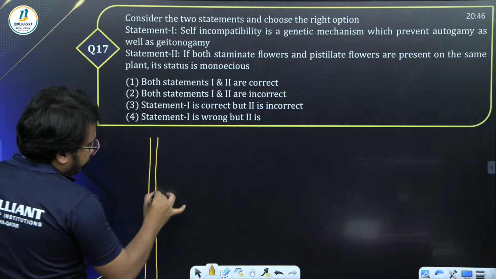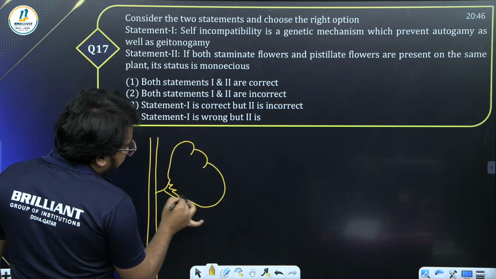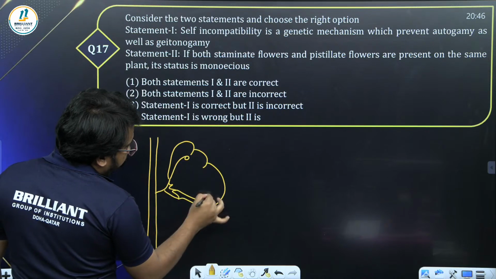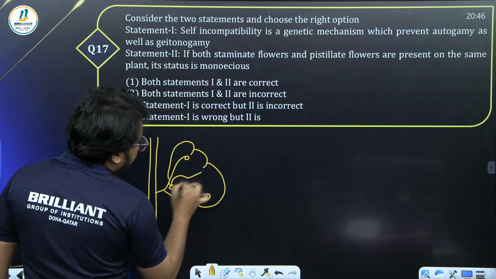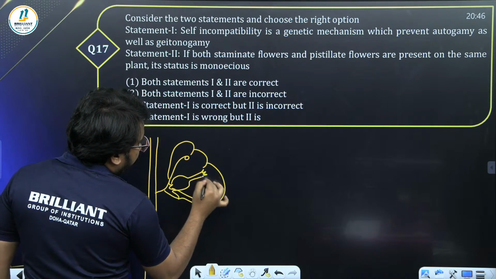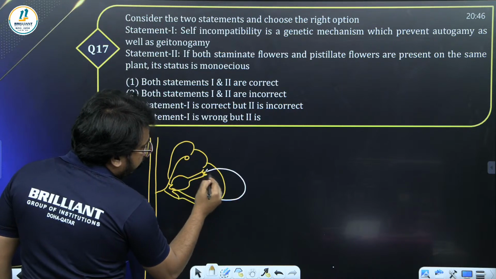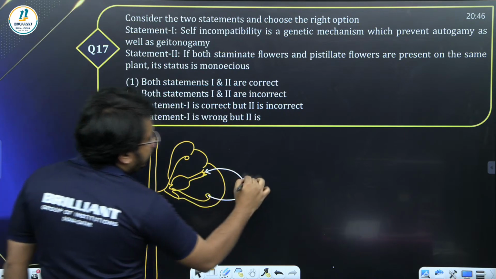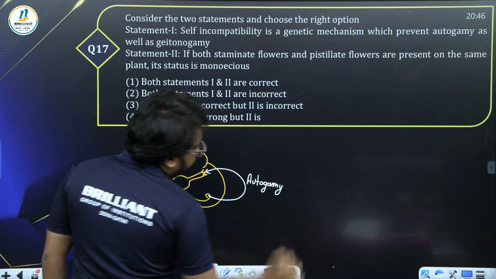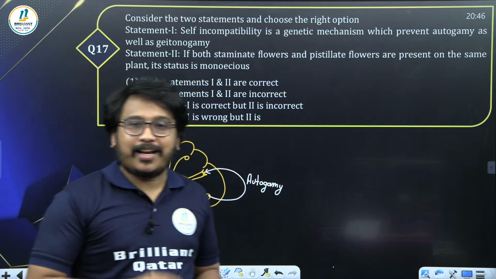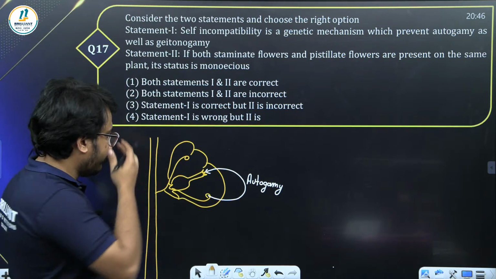In a plant, within a flower, if there is transfer of pollen grains from the anther to the stigma of the flower itself, that is called autogamy. Genetically and ecologically, autogamy is self-pollination.